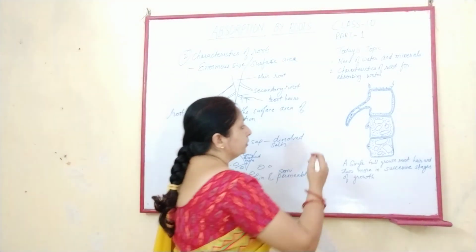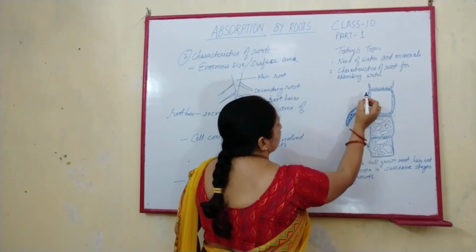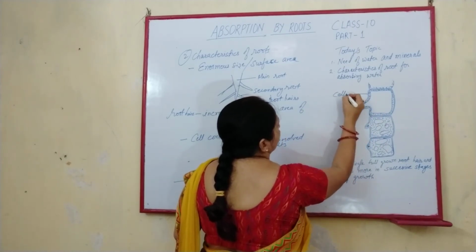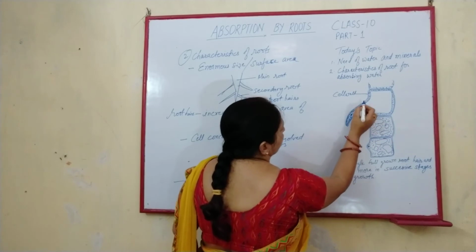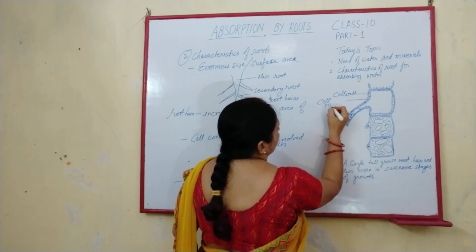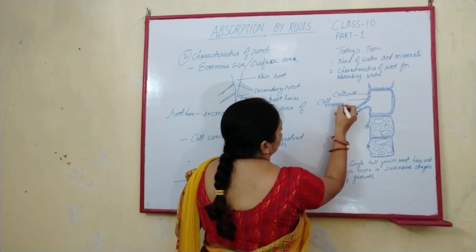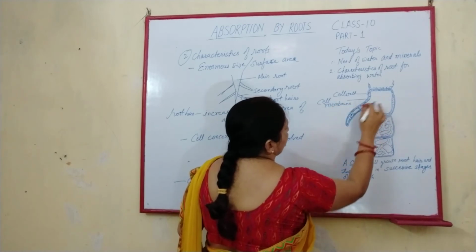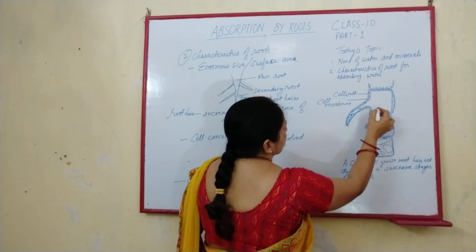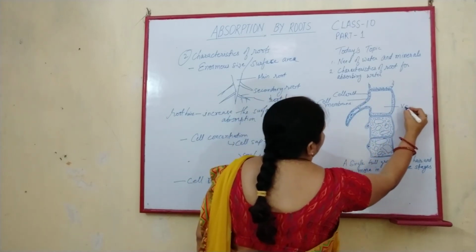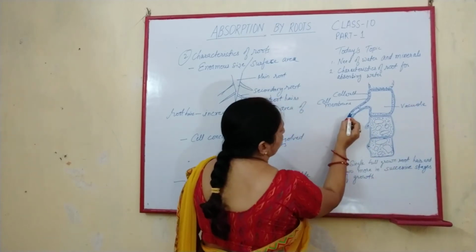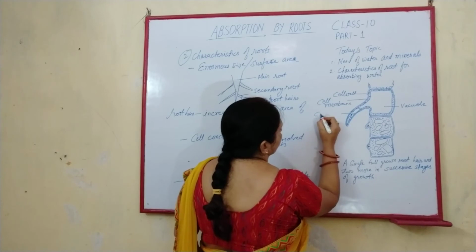Next is this diagram. In this diagram, we will label the parts. First, the outer wall is the cell wall. Next to the wall is the cell membrane. And this empty space, wherever you are seeing, is the vacuole, and the dotted appearance is the cytoplasm.